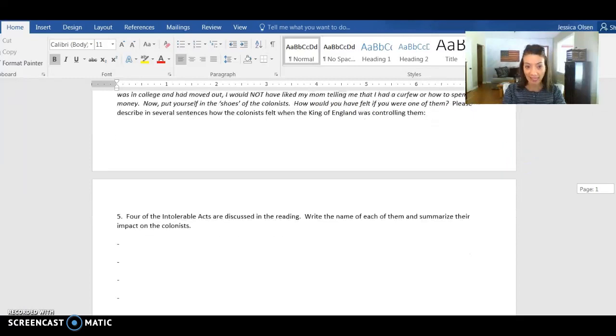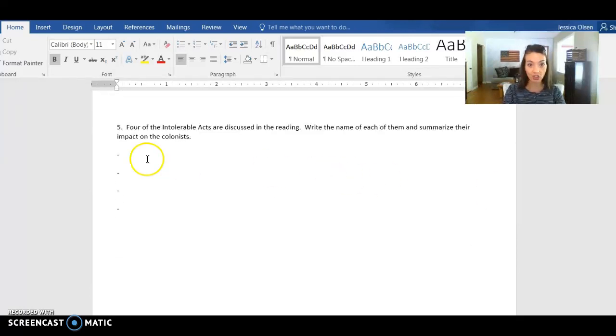Okay, and the 5th question here says 4 of the intolerable acts are discussed in the reading. This is the one at the end of the reading document where there's a pretty chunky paragraph at the end, and inside of that paragraph is where you are going to find those 4 intolerable acts.